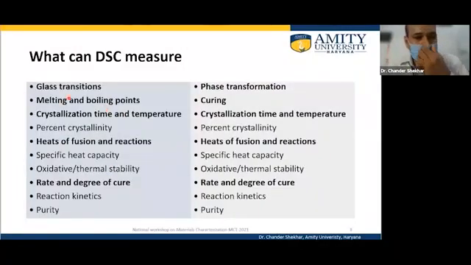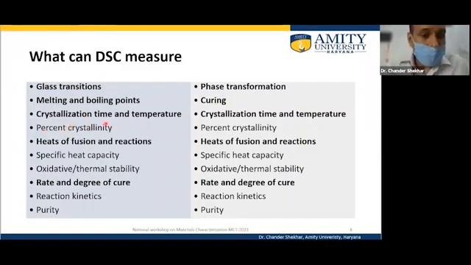We can also look at the glass transition temperature in amorphous materials, the crystallization time, how quickly the crystal is forming, or at what temperature the transformation is occurring. This is especially important for thermodynamics, phase equilibria, or stability studies of these materials.